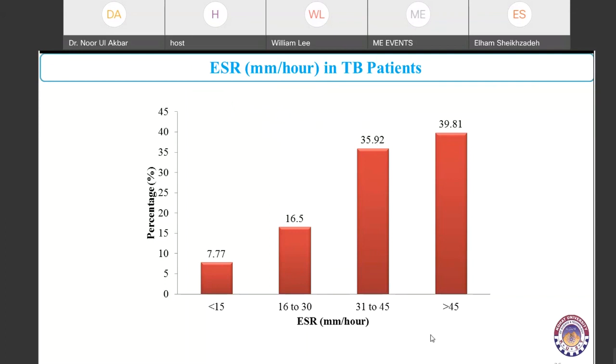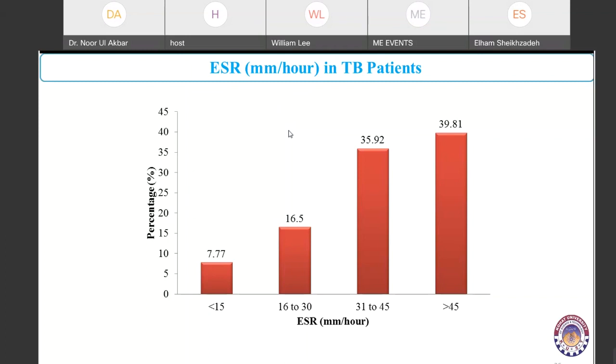other complications like the mutation, etc. Interleukin 12 receptor beta-1 and other related genes should be checked, but before those genes, we should check the ESR level. If the ESR level is greater than 45, then we take the samples for analysis of other complications and mutations, because finding mutations with PCR molecular techniques is a very costly method.